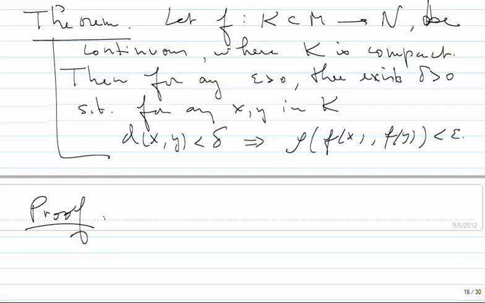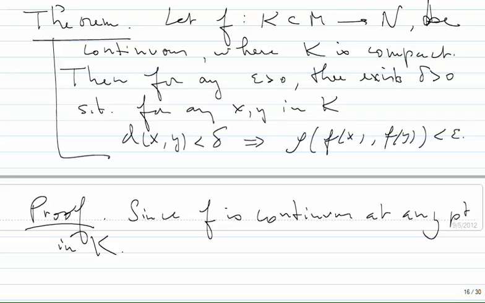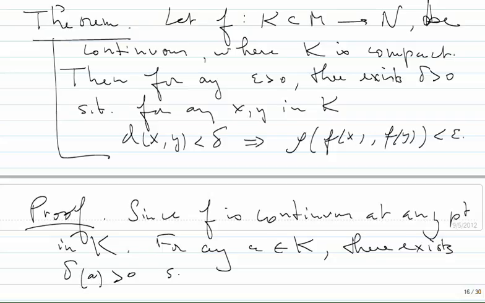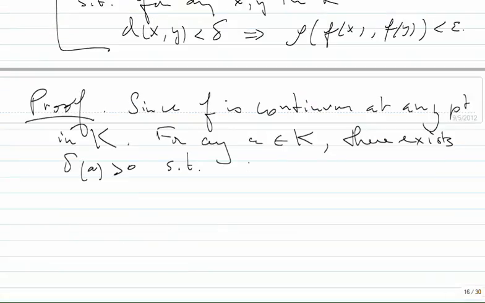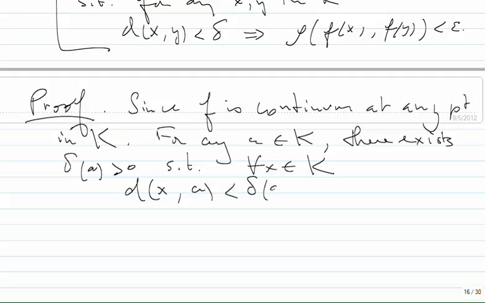Okay? We know that f is continuous everywhere, so it's continuous at any point in K. Then we know that for any A in K, there exists delta of A positive such that for any x in K, the distance from x to A less than delta of A implies the distance from f of x to f of A less than epsilon over 2.